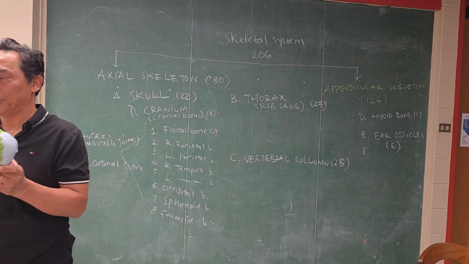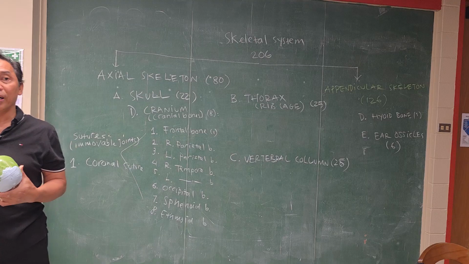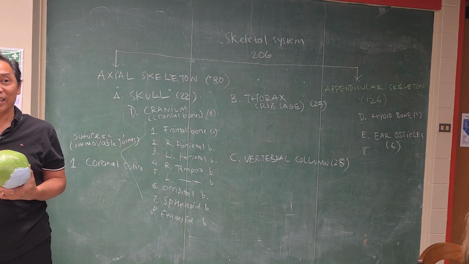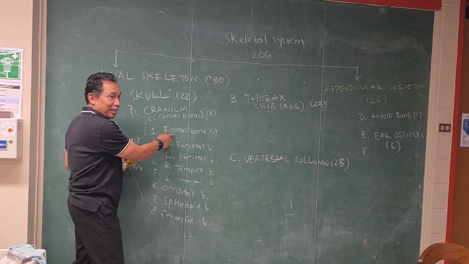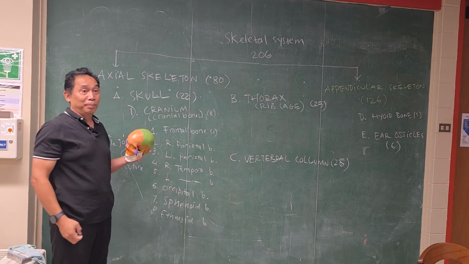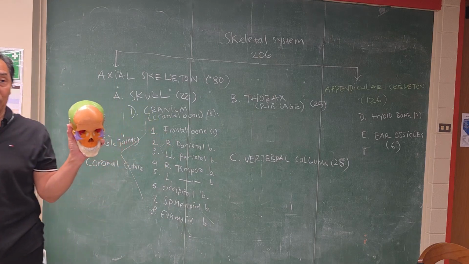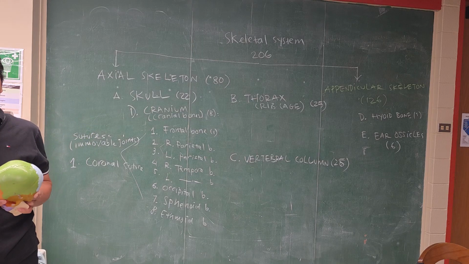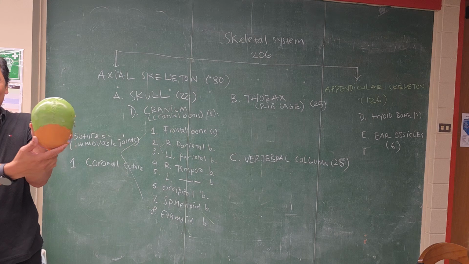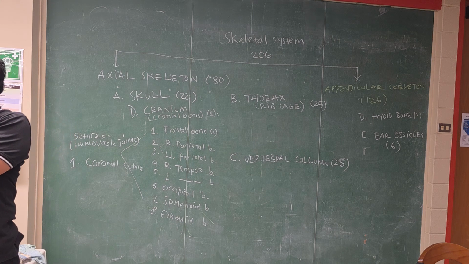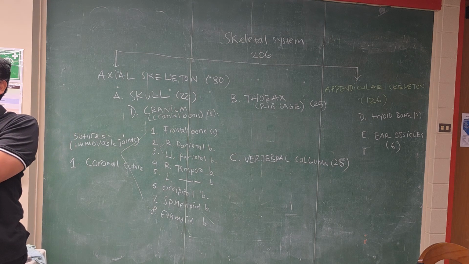Now, the second one is between the 2 parietal bones. You still remember the name of the plane that divides your body left and right?